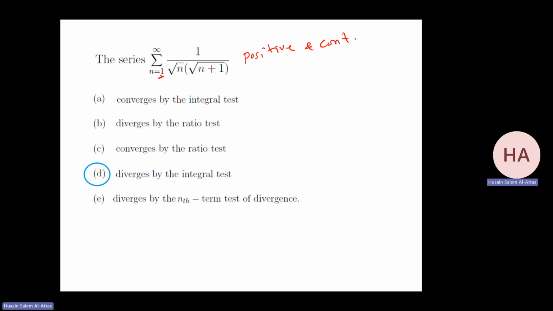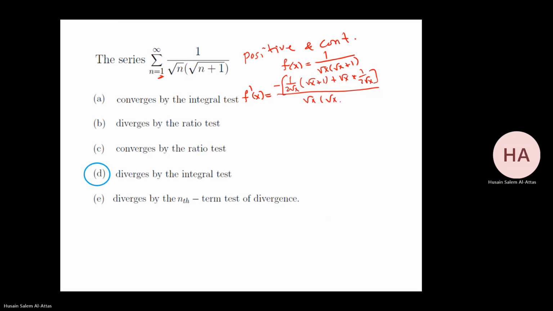Check f prime. I have f of x is 1 over square root of x times square root of x plus 1. What will be f prime? Be careful. Minus the derivative of the denominator: 1 over 2 root x times root x plus 1, plus root x times 1 over 2 root x, over the denominator whole square.